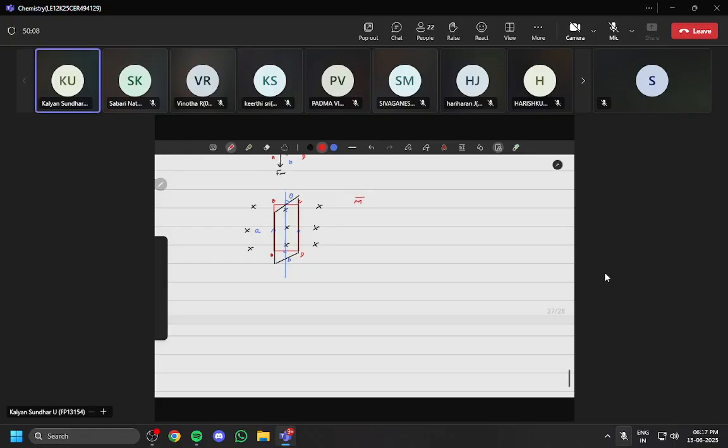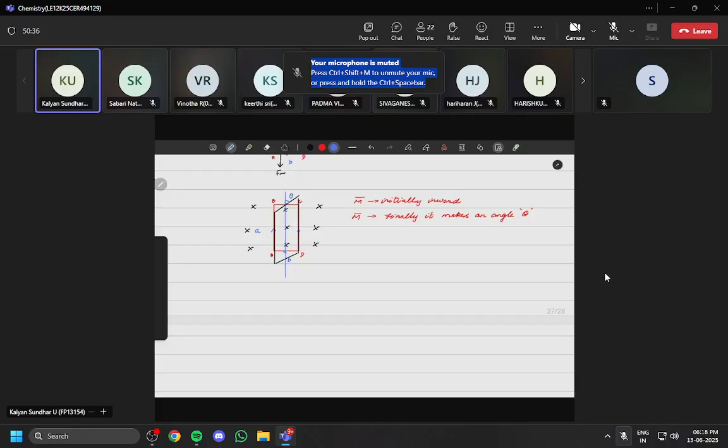So m bar was initially inward, and now finally it makes an angle theta. With what?